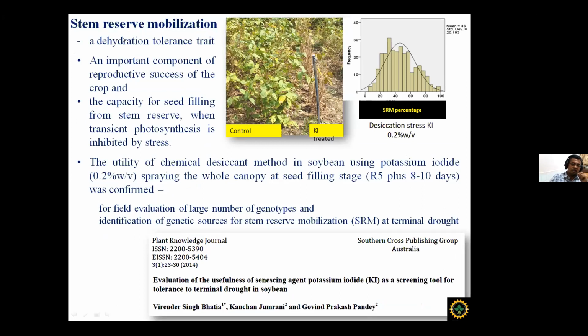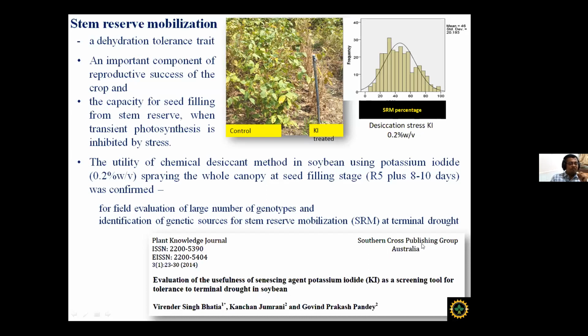Another trait is the stem reserve mobilization trait. It's again a dehydration tolerance trait, and an important component of reproductive success of the crop, and the capacity for seed filling from the stem reserve when transient photosynthesis is inhibited by stress.